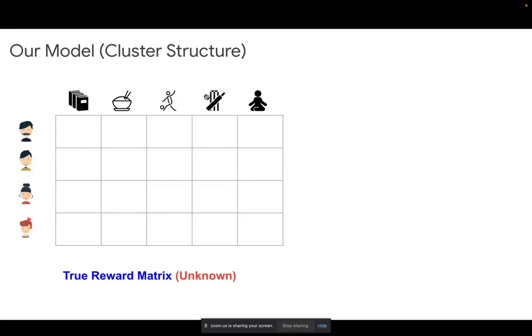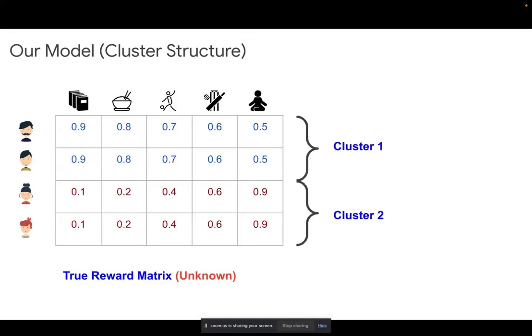These correspond to the learnable parameters, actually. Now we impose the following constraint on the true reward matrix. We assume that the true reward matrix satisfies the following cluster structure, where the set of users can be partitioned into a small number of unknown clusters, such that users in the same cluster have identical rewards across the items.